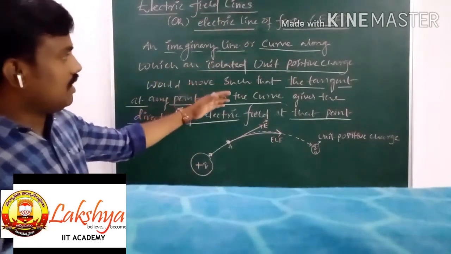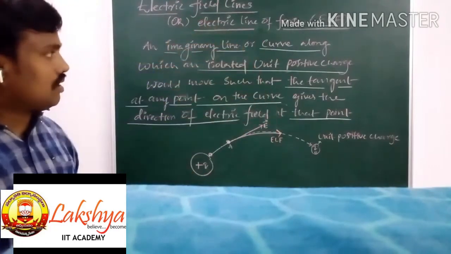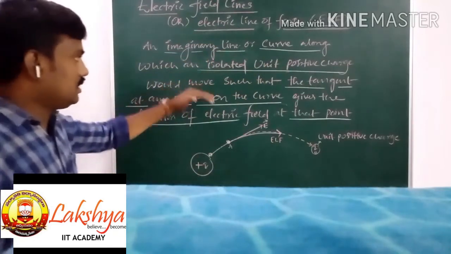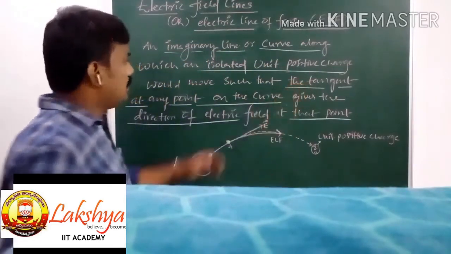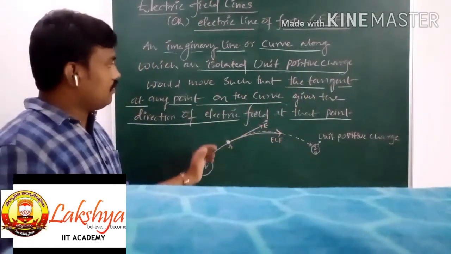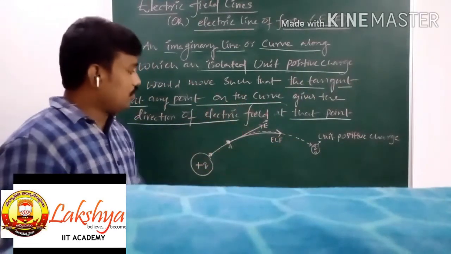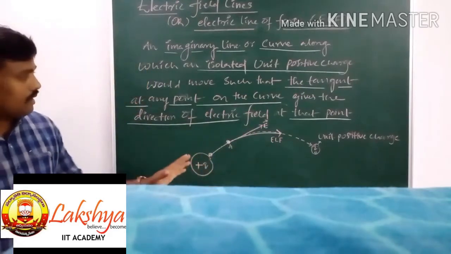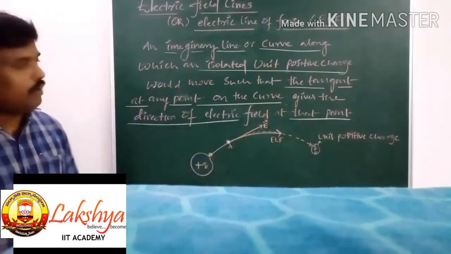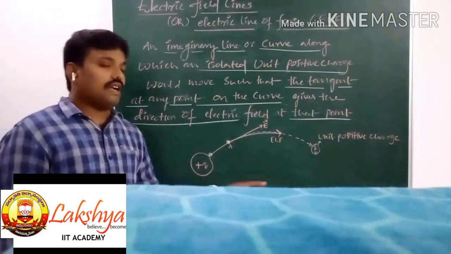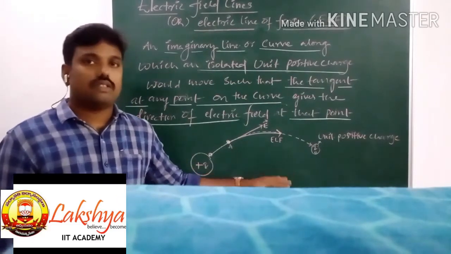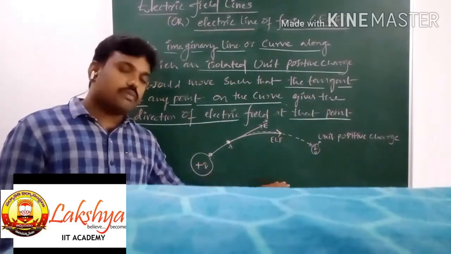They come out from an isolated unit positive charge, and if you select the path of the unit positive charge, the tangent at any point on that path represents the electric field at that particular point. So this is the electric line of force, and these electric lines of force have some properties. Let us learn those properties right now.